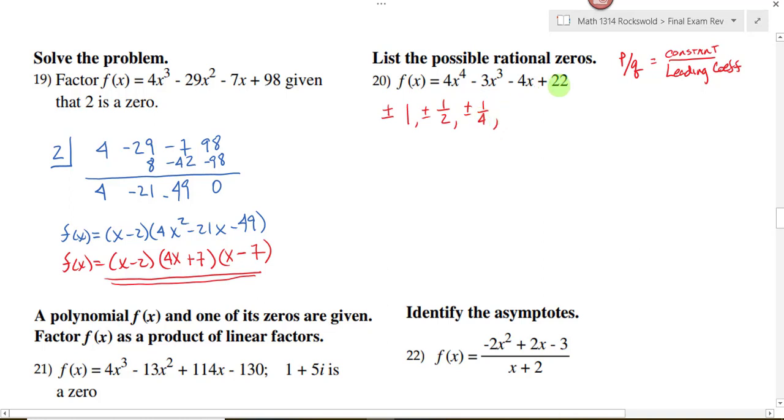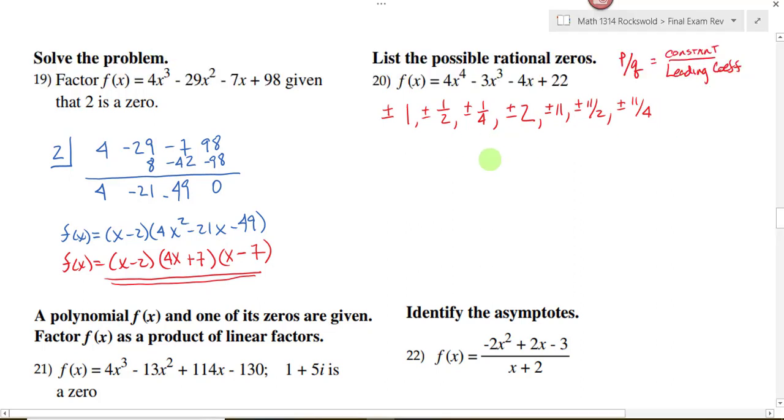And then another factor of 22 is 2, so that would be 2 over 1. 2 over 2 I've already got is 1. 2 over 4 is a half. I've got that. Another factor of 22, I've got 1, I've got 2, and I've got 11. 11 over 1 is 11, 11 over 2, and then 11 over 4. And this is every possible rational zero.